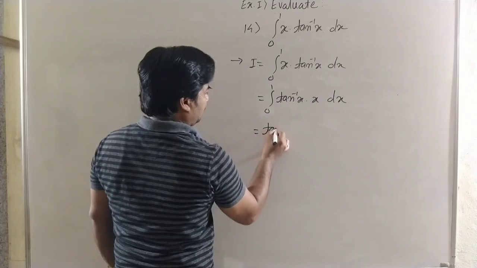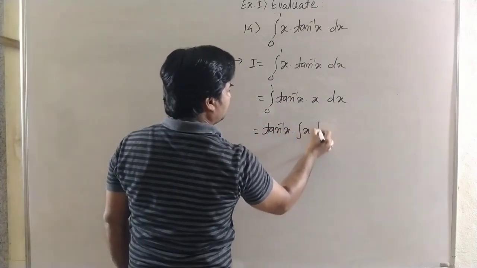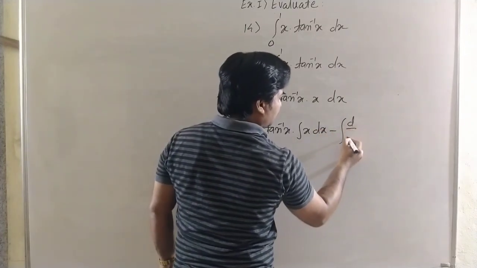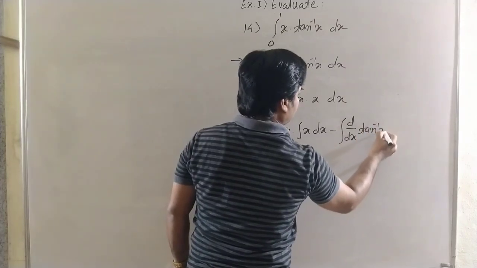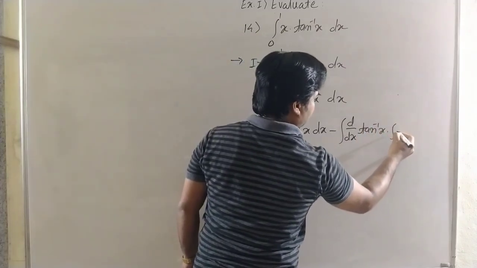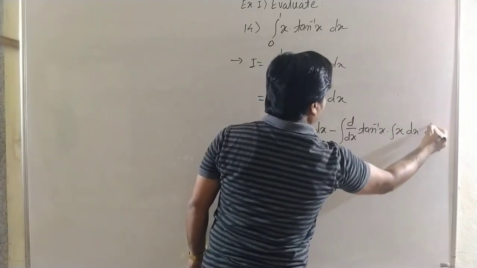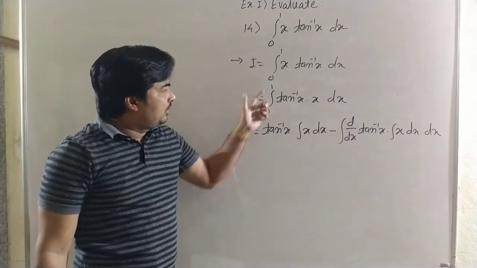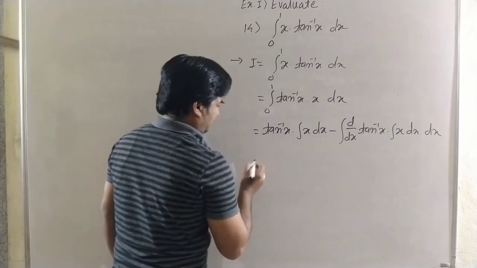U into integral of v minus integral of derivative of u into integral of v. Okay, here we can write the limit after completing the finding of the integral of this term.